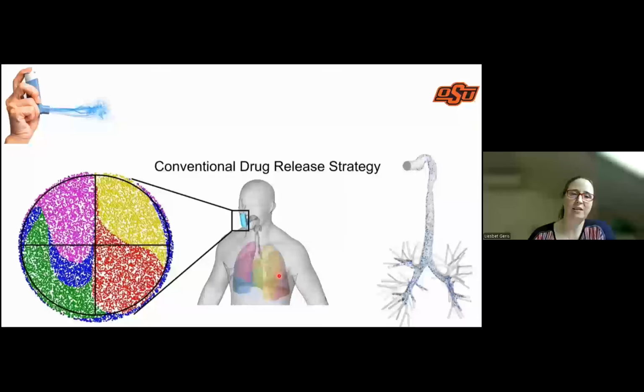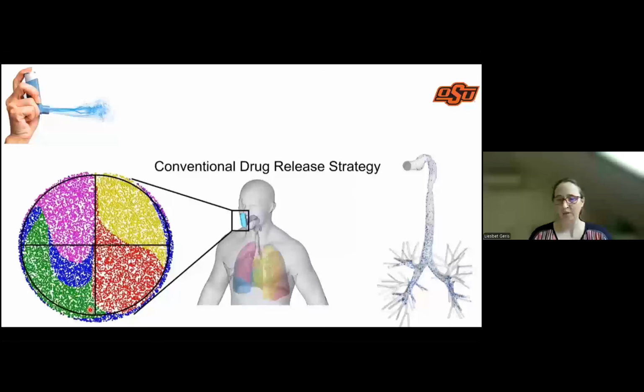And what you can see here is that specific parts of the lungs actually receive particles coming from specific parts of the inhaler cross-section, which means that if the patient doesn't perfectly apply the inhaler and part of the particles end up at the top of the mouth, for instance, then only part of these particles are reaching the lungs, and that means that part of the lung tissue is not receiving any drugs.